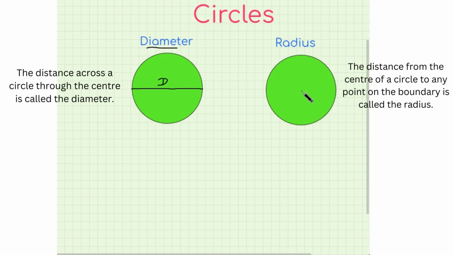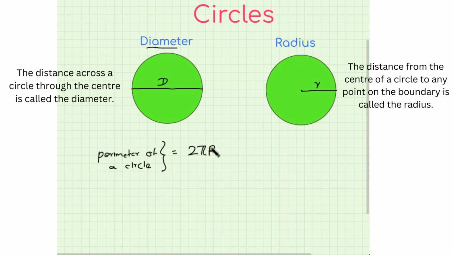And if you, from the center of the circle, draw a line towards the arc of the circle, that would be the radius. Okay, so the formula to find the perimeter of a circle is, let's write that down, perimeter of a circle equals 2 pi r.